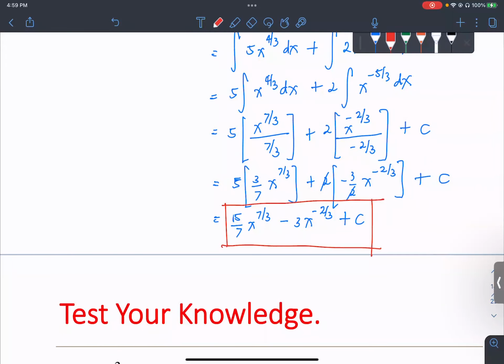So, 15 over 7. So, meron bang tama? Hindi yung una. Pangalawa. 15 over 7, x raised to 7 over 3 minus 3x raised to negative 2 over 3 plus c. Okay, so tama si Floyd.